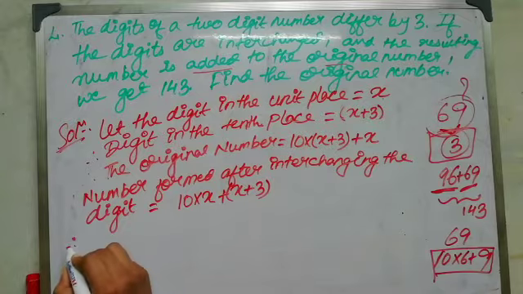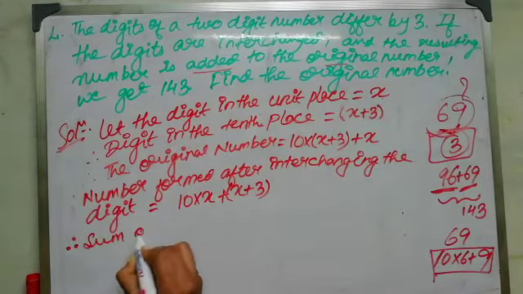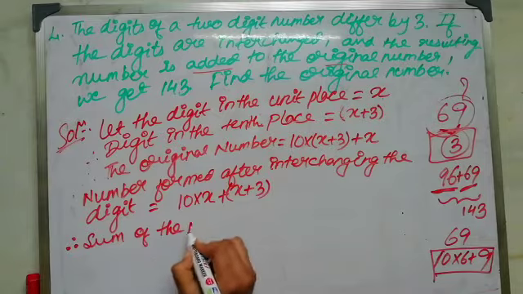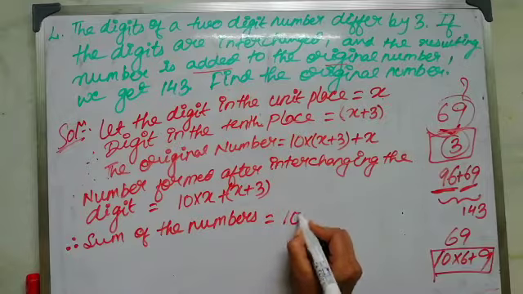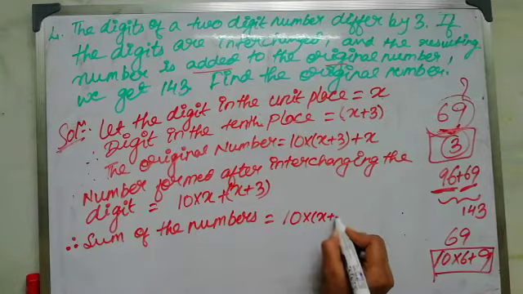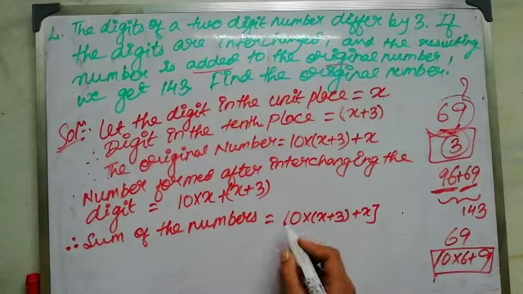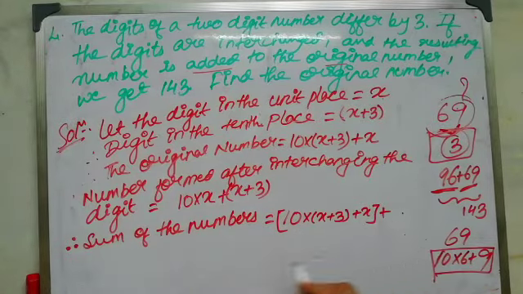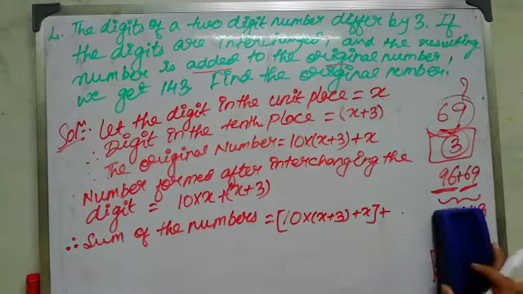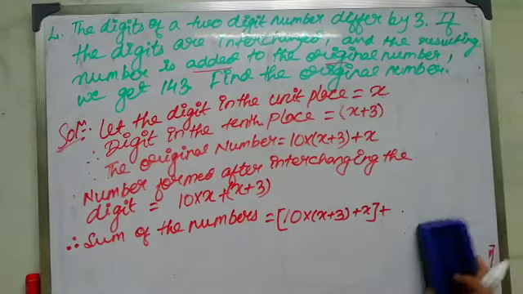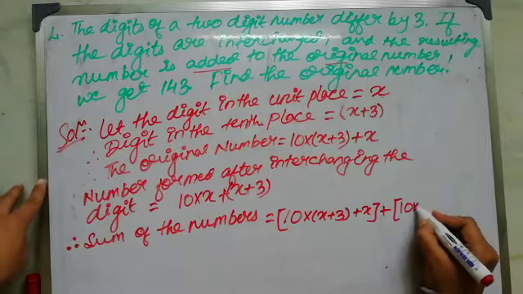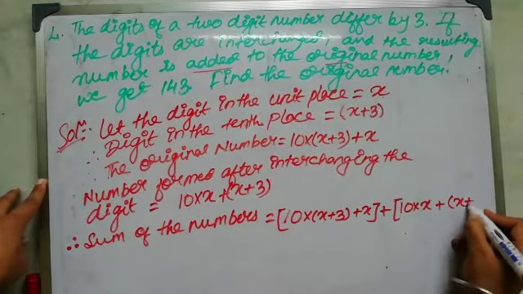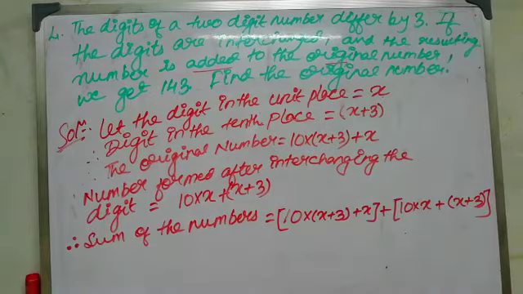Therefore, the sum of the numbers is 10 multiplied by (x plus 3) plus x, plus 10 multiplied by x plus x plus 3. Any confusion, any problem over here, students?